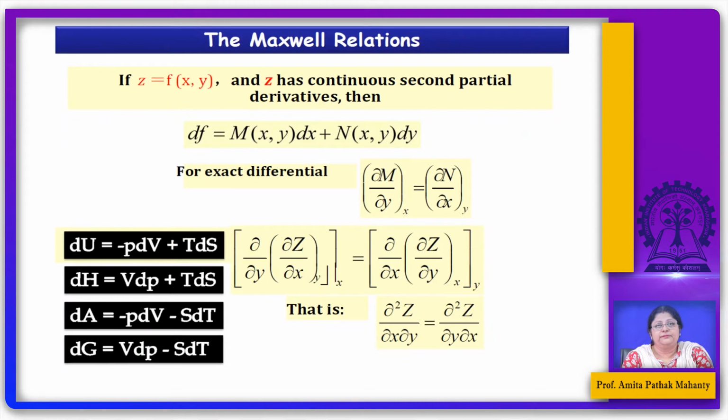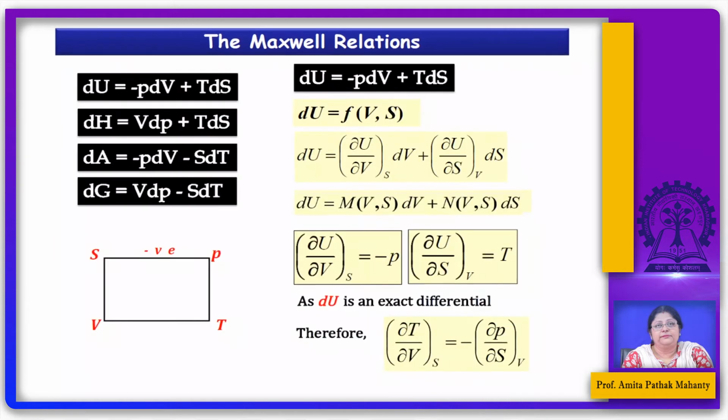X. So differentiate with respect to X into the total change in X. So if I have a parameter which is a perfect differential, then M, which was differentiated with respect to X, will now be differentiated with respect to Y, keeping X constant. And N, which was initially differentiated with respect to Y, now has to be differentiated with respect to X, keeping Y constant. And these two double differentials should be equal. That was the criterion for a perfect differential, right?